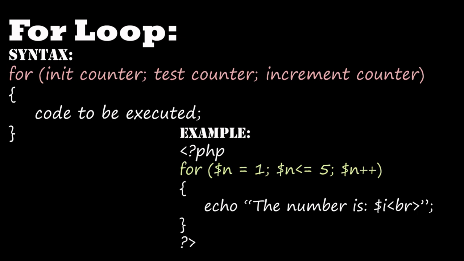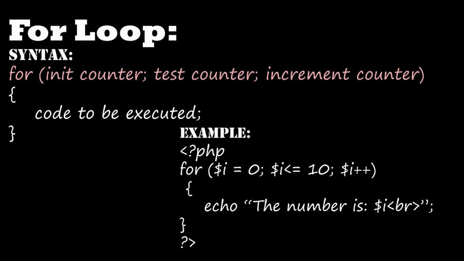Okay, first the PHP opening tag they have given: less than symbol, question mark, PHP. For first, they have given I is equal to 0. So the initialization happens here. The initial value is 0 and then I less than or equal to 10. So the number will be 0 to 10. We need 1, 2, 3 likewise, right?